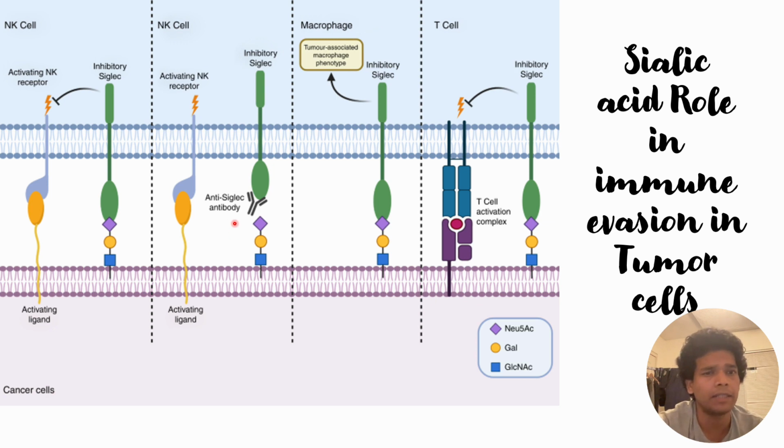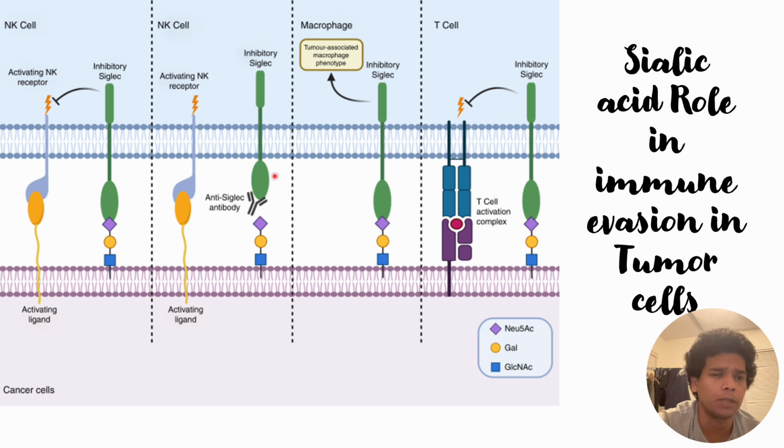The control is shown on the right hand side, where an anti-siglec antibody is used so that the siglec will not be able to interact with the sialylated glycans expressed on the cell surface of the tumors.